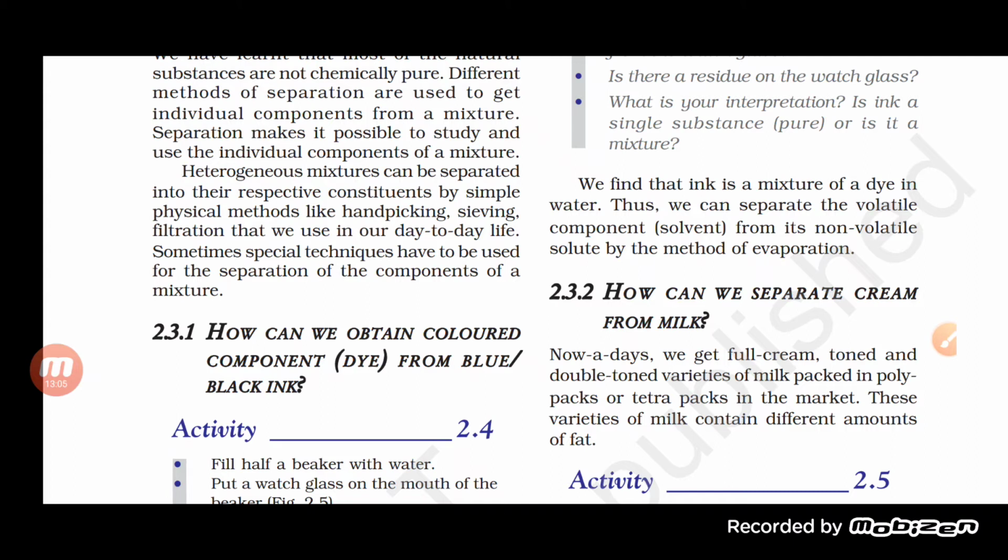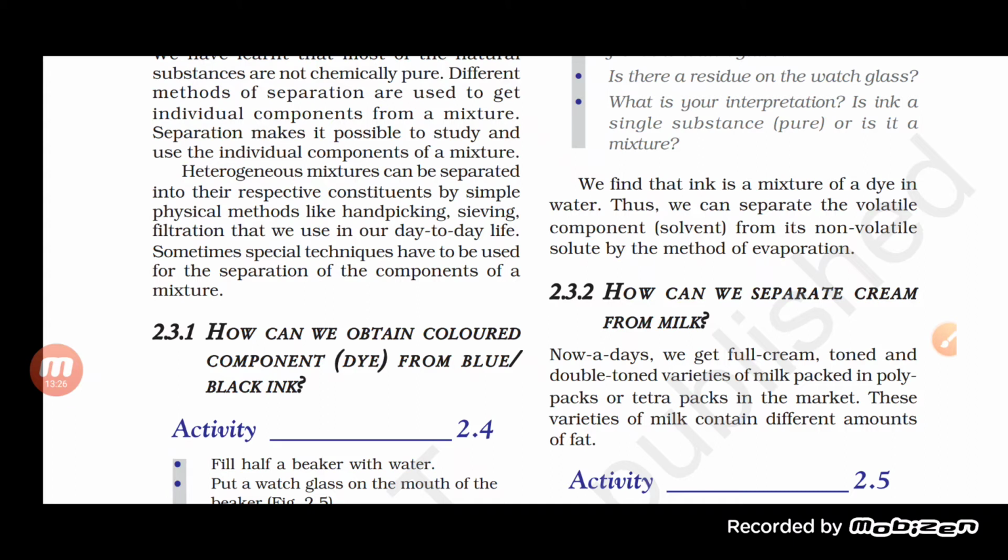Suppose you take a color and mix it in water. Similarly, if we talk about salt and water, when we heat the mixture of salt and water, the water, being volatile, will evaporate. But the salt, being non-volatile, will not evaporate.